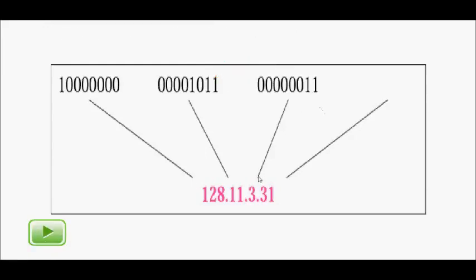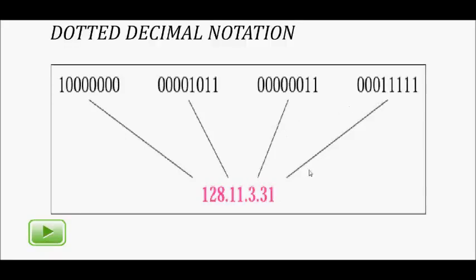Then we have 3, and then we have 31, where all the last 5 bits are 1, which represents 31. So these are 32 bits. We take a group of 8 bits at a time and put it in decimal, dotted decimal form.